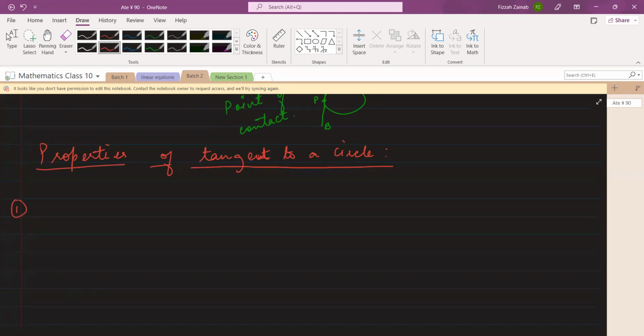So the first property, which is actually a theorem, theorem 1 you can call it. So please write, then I'll explain.